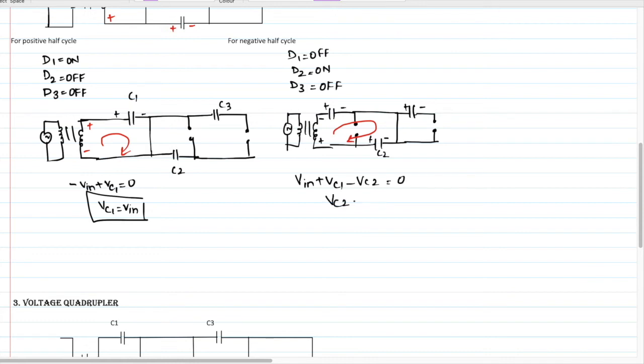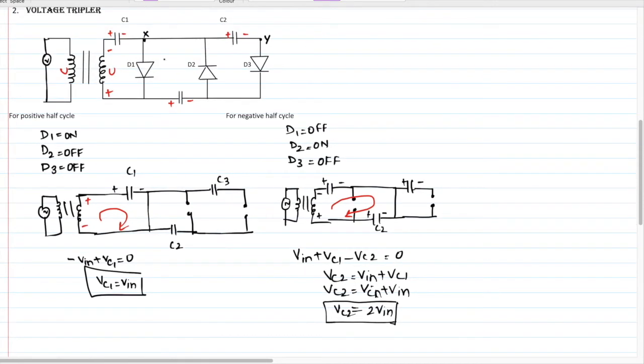So Vc2 equals V in plus Vc1, that is V in plus V in, which is 2V in. This we also found in the previous circuit. Next is the main thing that comes.